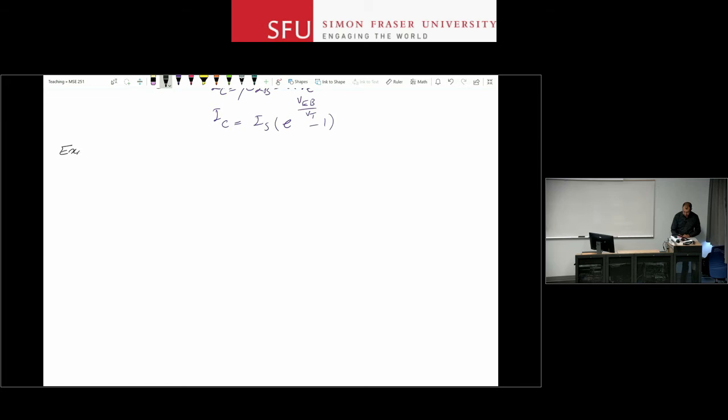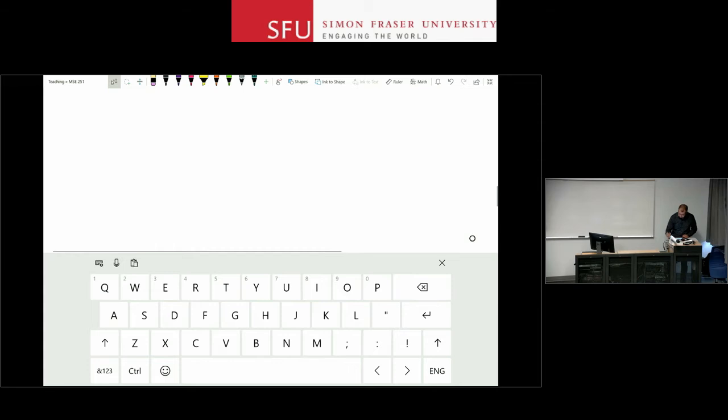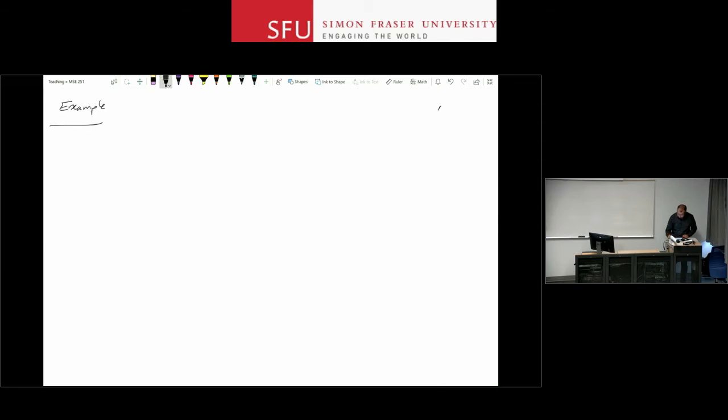So here is an example with a PNP. I have a new circuit here and I want to solve it. So this is the circuit. Slightly different from the one that we just saw.